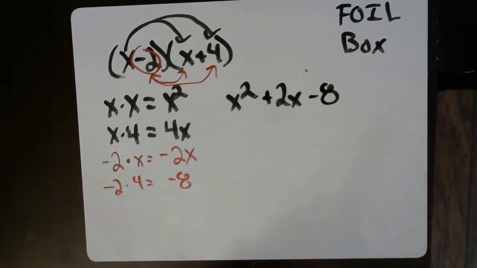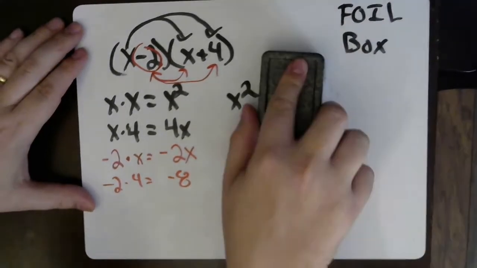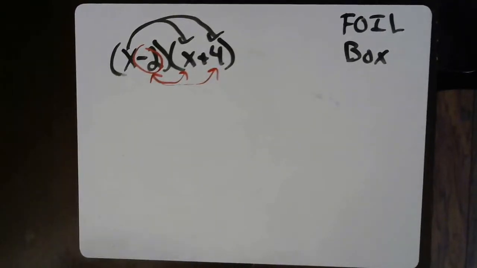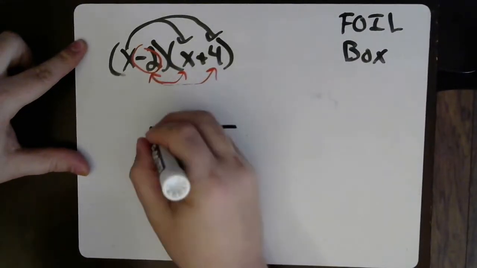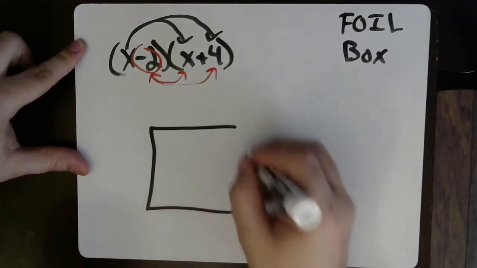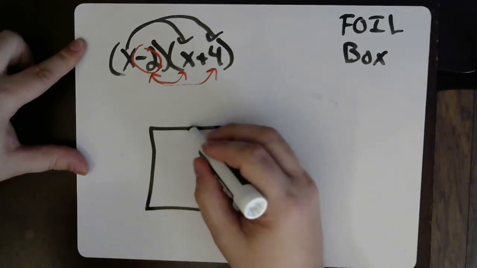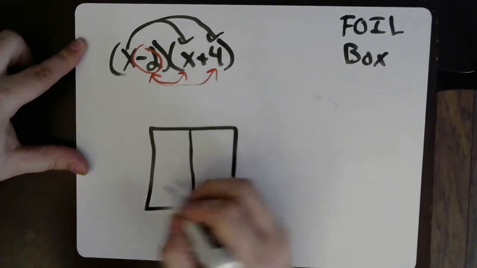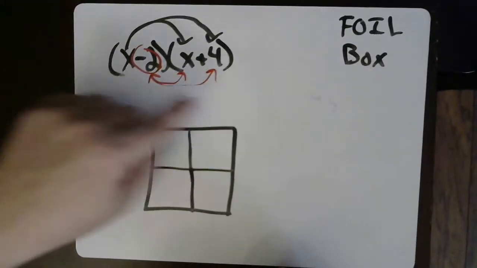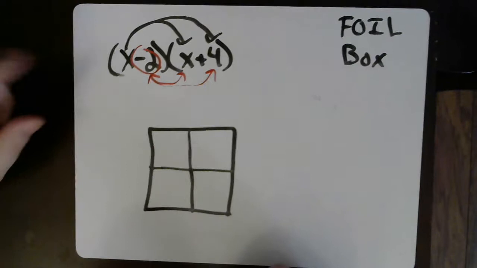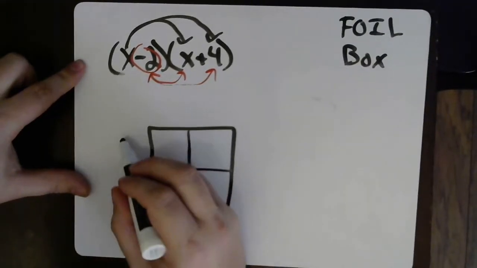Now I'm going to do the same exact thing using the box. Make a box, and make 4 boxes inside that box. It doesn't matter which one you put on the top or bottom, but you must make sure you do it consistently.